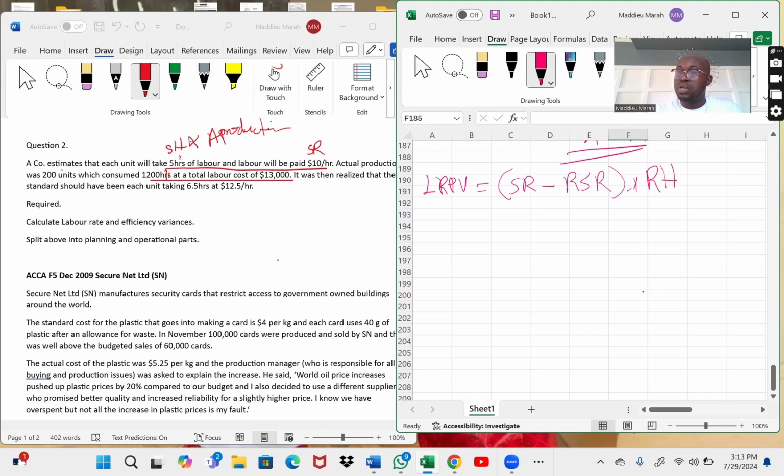Remember, I told you I will not use actual hour. Both of them are correct, but the new examiner is using revised hour instead of actual hour. So I will be focusing on revised hours.